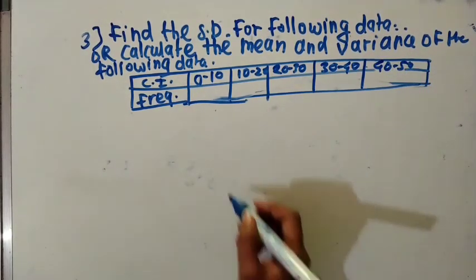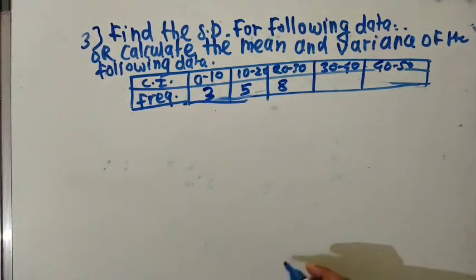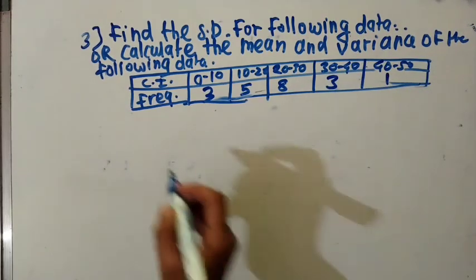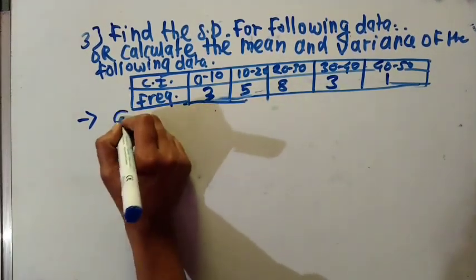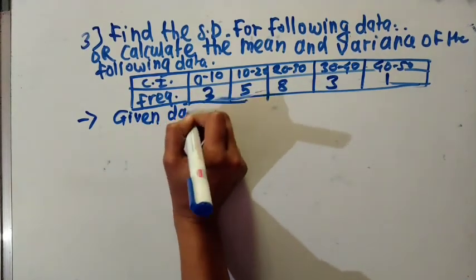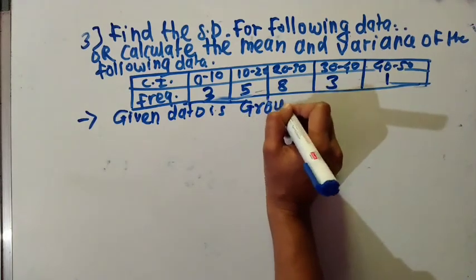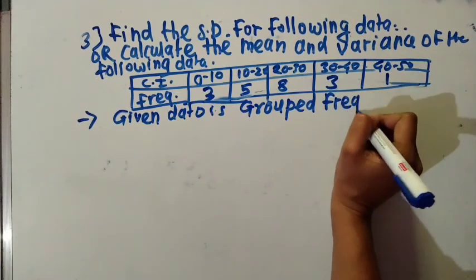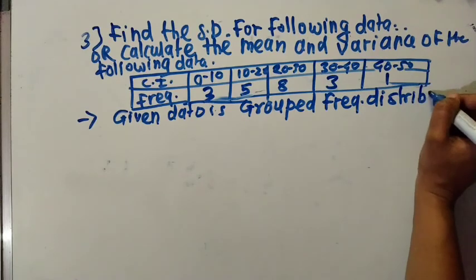Then the frequencies are 3, 5, 8, 3 and 1. First of all, write down whether this is grouped or ungrouped. Given data is a grouped frequency distribution.